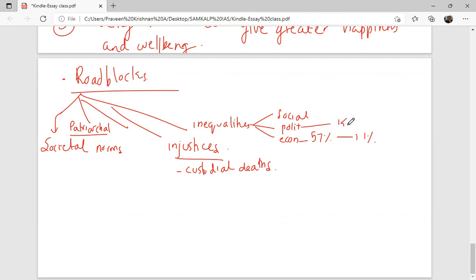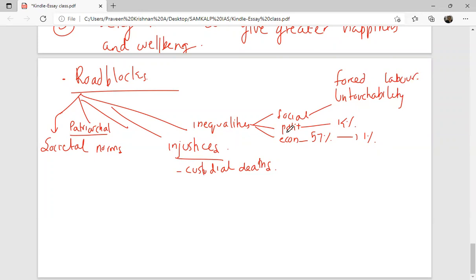There are only 14% women representation in India, and in social inequalities, you can say untouchability, forced labor, all these things. Whatever examples or perspectives you want to expand, you can expand it.